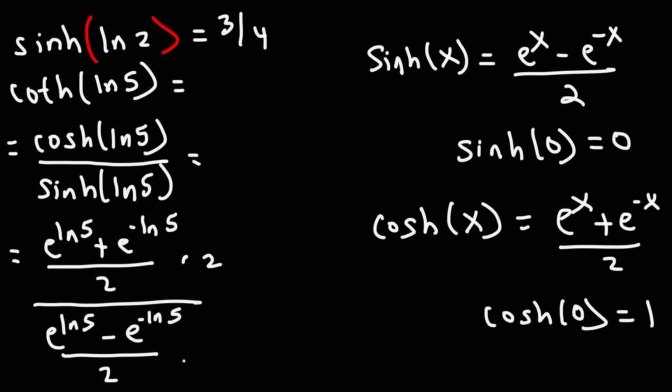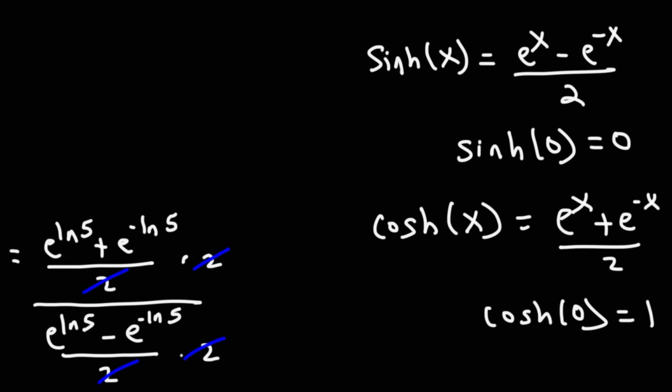So multiplying the top and bottom by 2, we can get rid of this. Now, e to the ln 5 is simply 5. And this is going to be plus e to the ln 5 to the minus 1, or 1 over 5, over 5 minus, and we could do the same thing here.